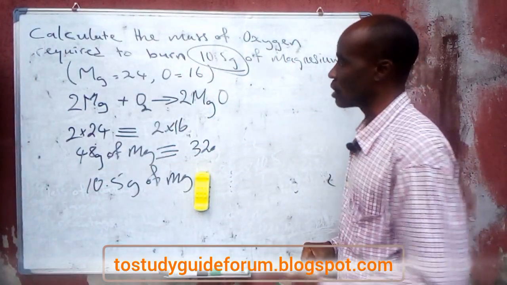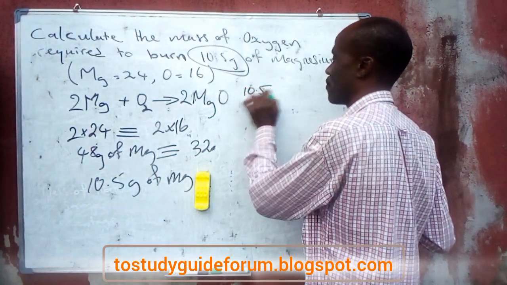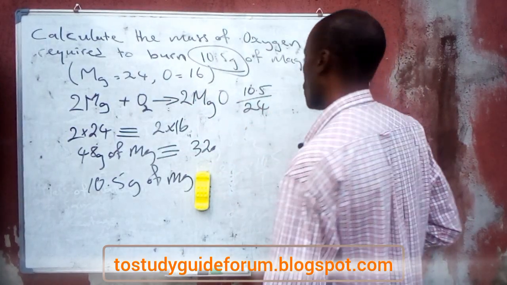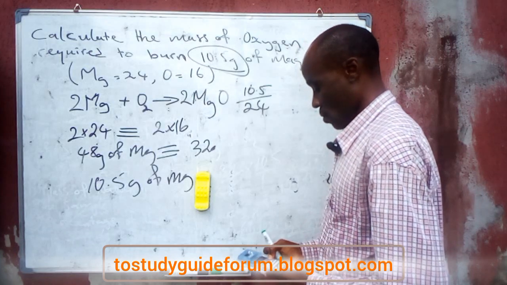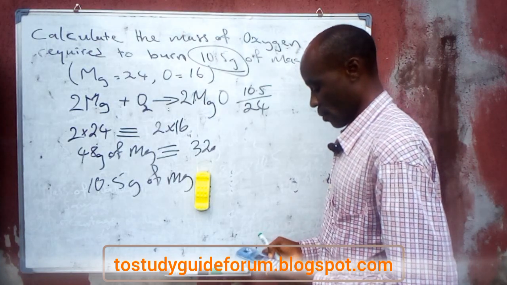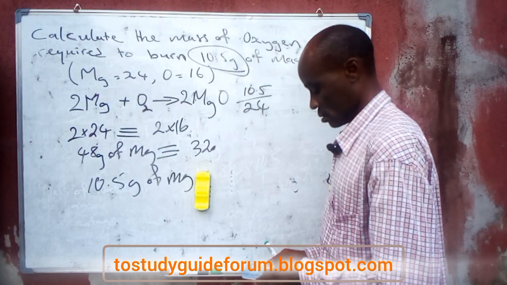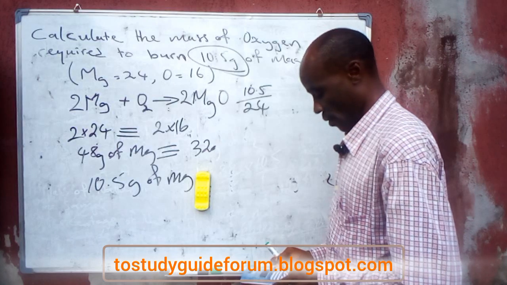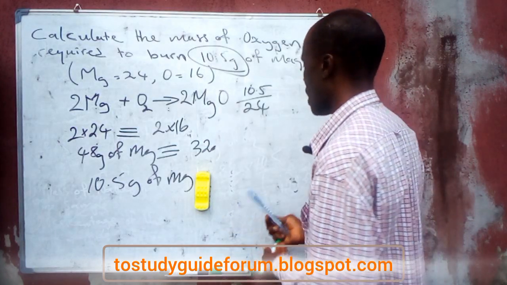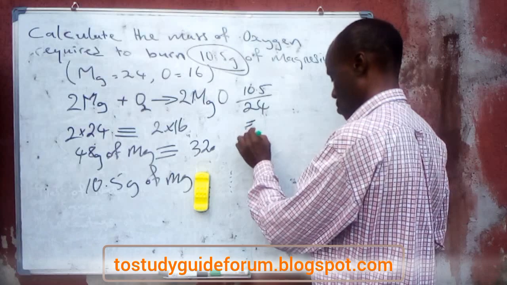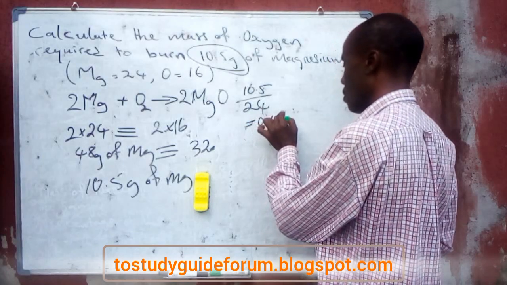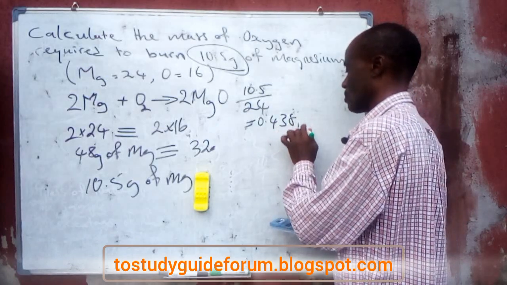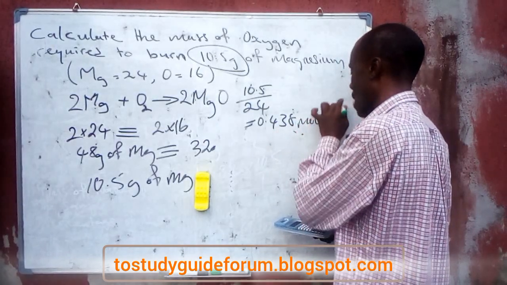Converting 10.5 grams to moles gives 10.5 divided by 24, which is equal to 0.438 moles of magnesium.